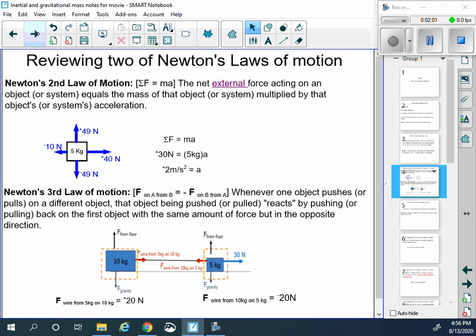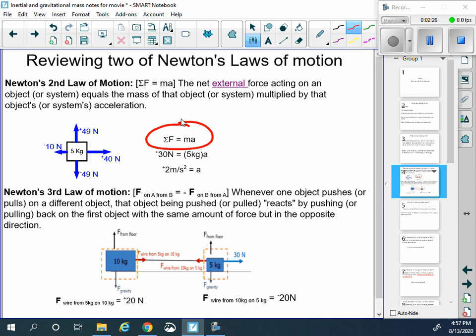It's often written as a straight-up equation where the summation of forces equals mass times acceleration. These are actually going to be vector values that we'll be talking about later on. But for right now, we'll just say it's the net force, the total of all forces added up, equals mass times acceleration.